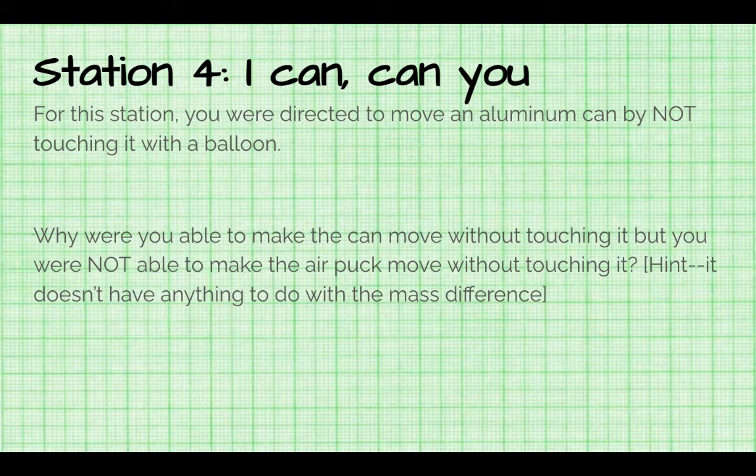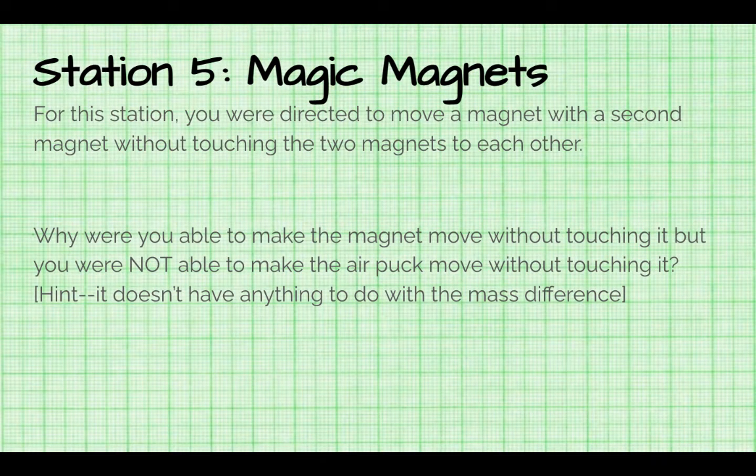So how come we were able to move the can without touching it, but not the air puck? It doesn't have anything to do with the mass difference. It's just because of the static electricity on the balloon. Number 5 was magic magnets. For this station, you were directed to move a magnet with a second magnet without touching the two magnets to each other.